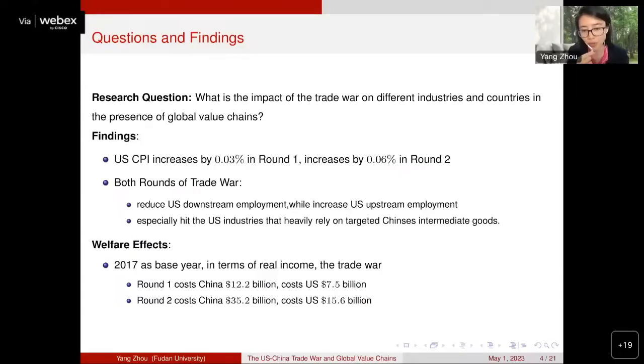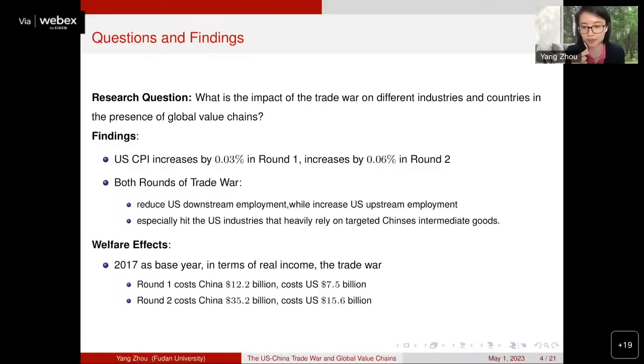downstream employment, while increasing U.S. upstream employment. And the intuition is that downstream employment relies on imports from China, and raising the price of the imports hurts the downstream employment. But U.S. upstream employment happens to be protected by the tariffs imposed on Chinese imports.